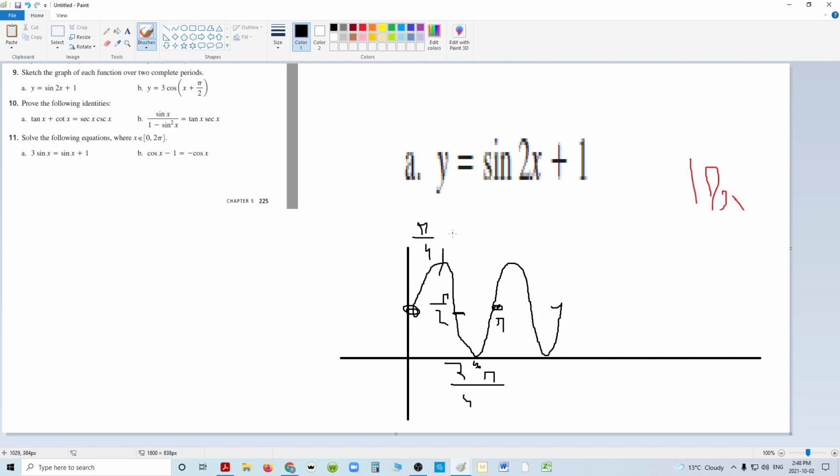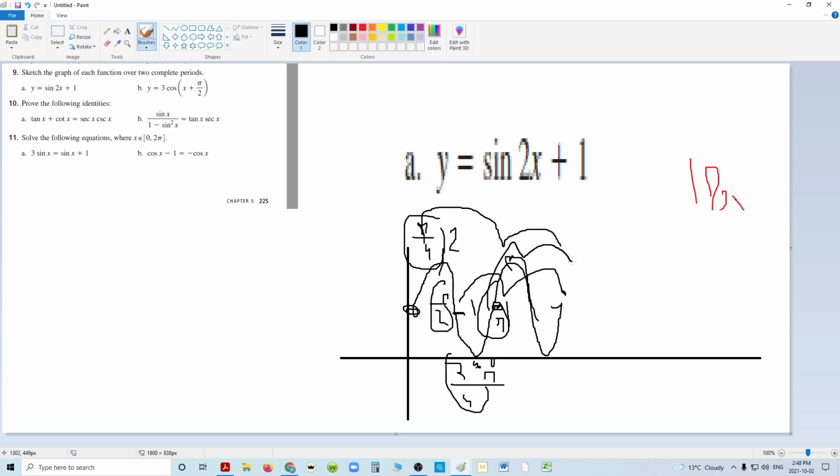On top of that, the y values are now 2, 1, 0, 1, and then it repeats. And how you repeat it after that is you add a period to all these values. And since the period's pi, you add a pi to that, pi to that, pi to that, a pi to that to repeat all the values. But the y values will be the same thing.